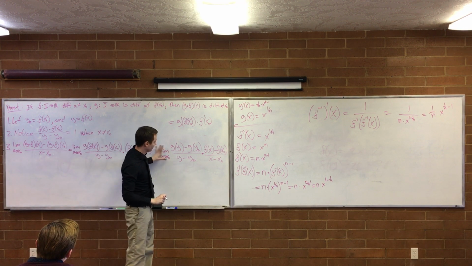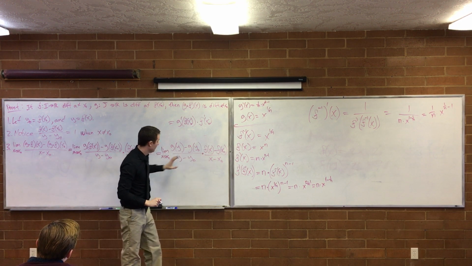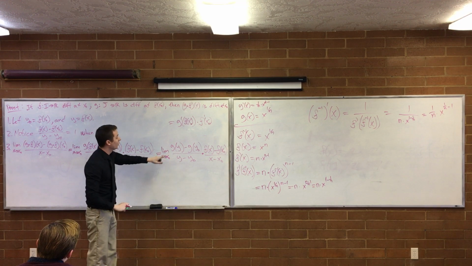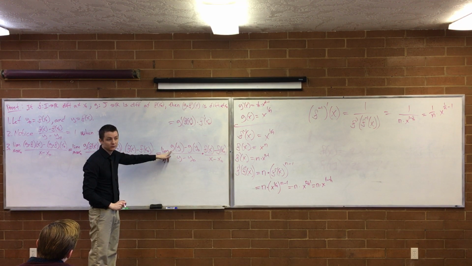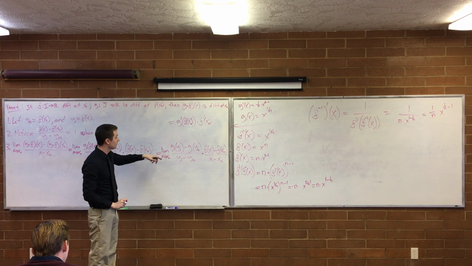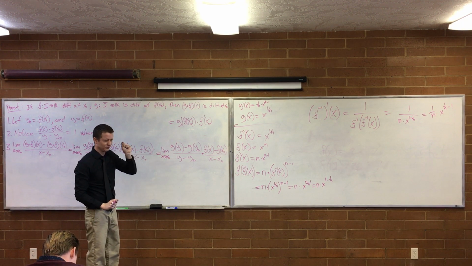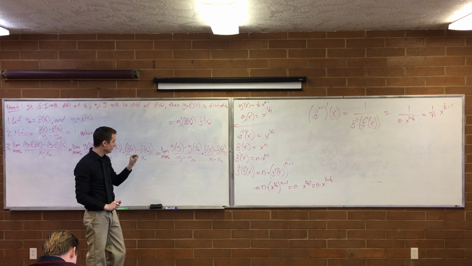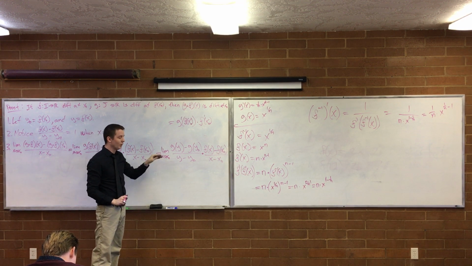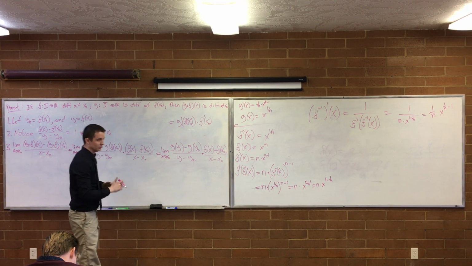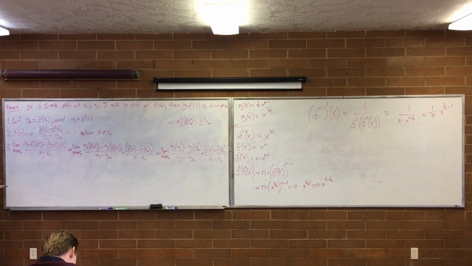We have the limit as x approaches x naught of this thing, and we know f is continuous, right? Because it's differentiable. So as x approaches x naught, y approaches y naught. So I'm going to split this up into two limits. See if you can follow this.